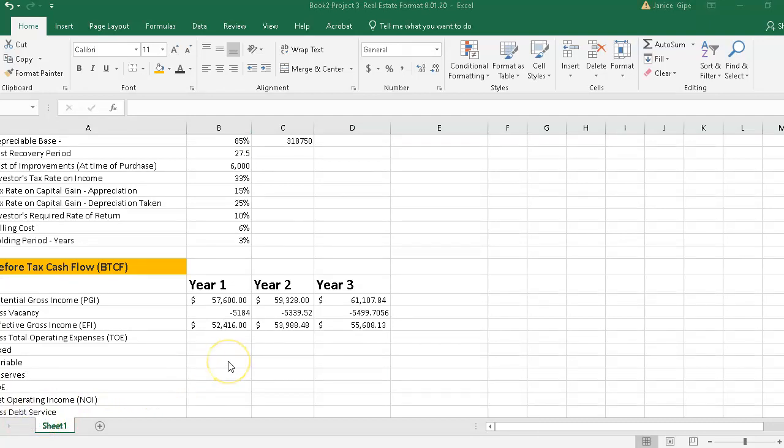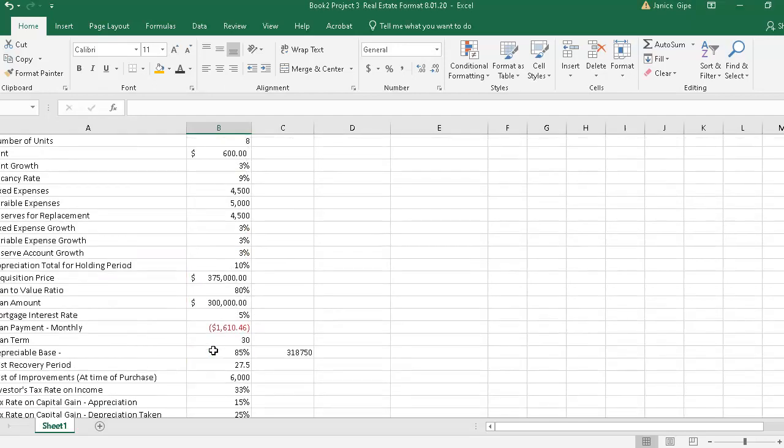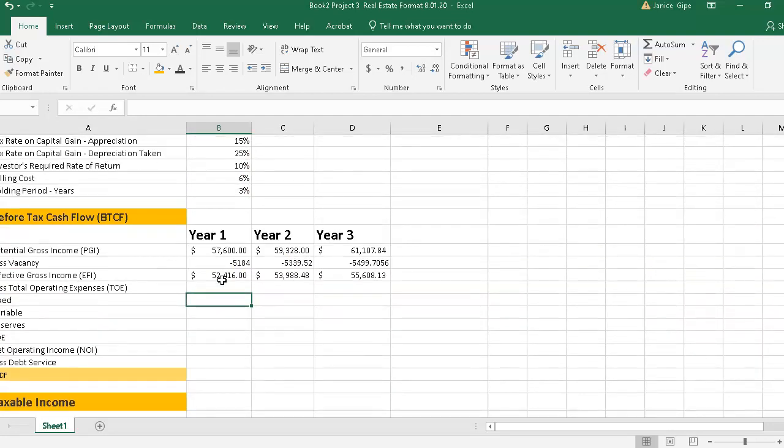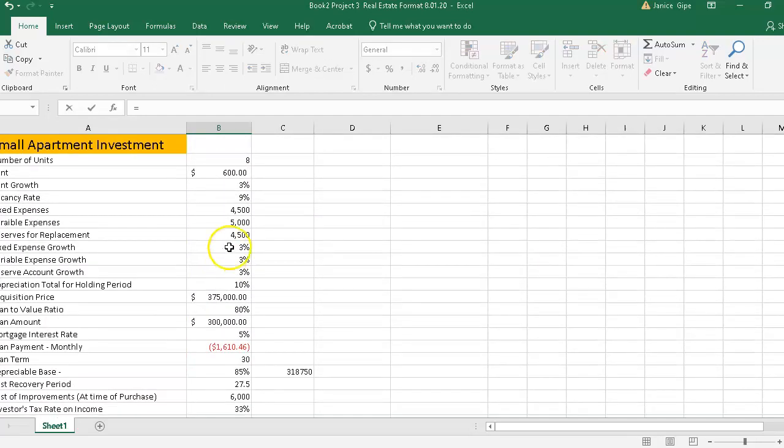So to calculate the total operating expenses, you're going to take your fixed, these numbers are given in the assumptions, and this is equal to the fixed amount, which is $4,500.